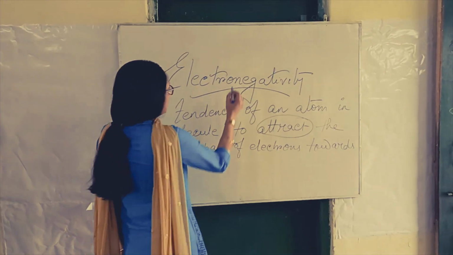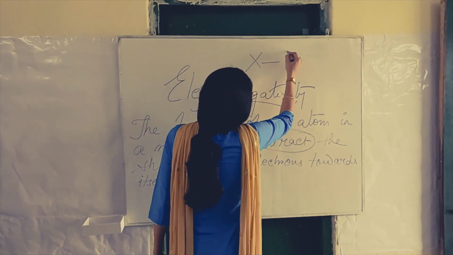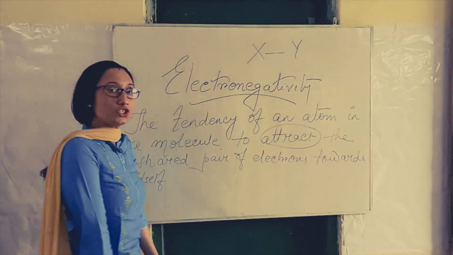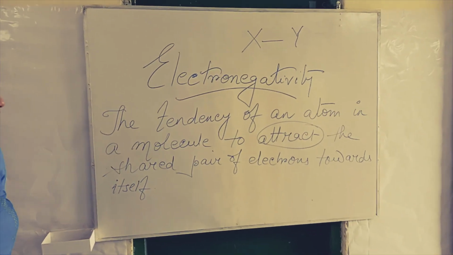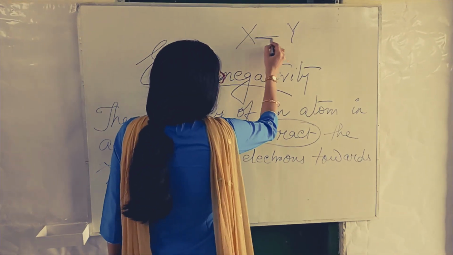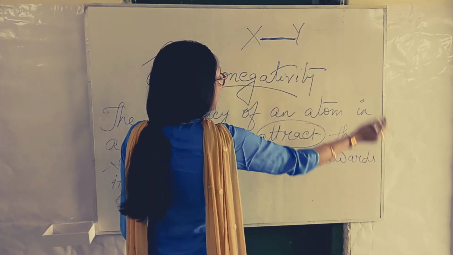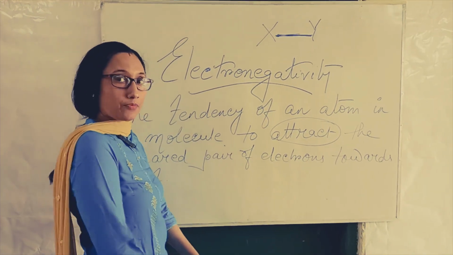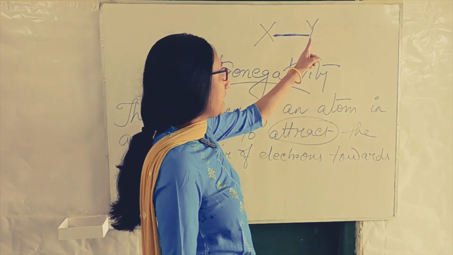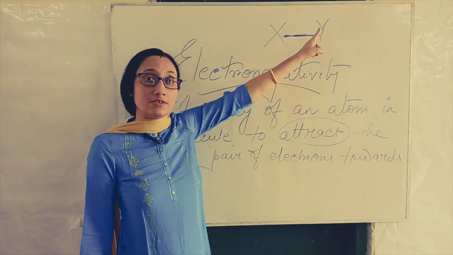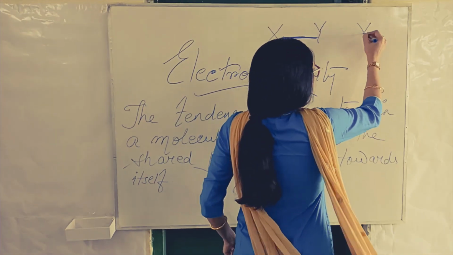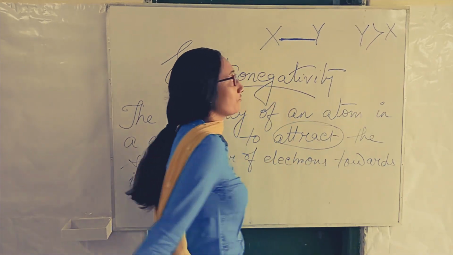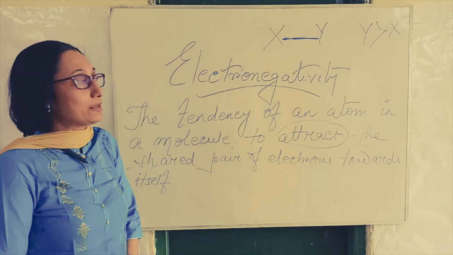Let us take one example of a covalent compound XY. So one covalent bond means what? It means two electrons. Now suppose if I say that the electronegativity of Y is more than that of X, what does it signify?